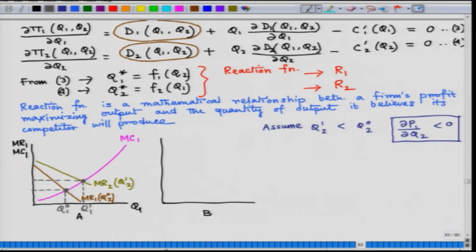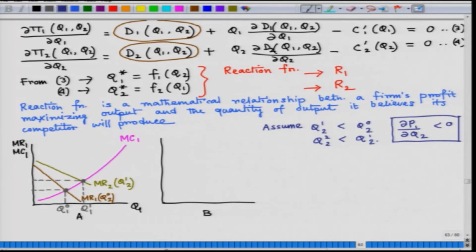Okay. So, now this exercise can be repeated for another output level. Let me assume this time a level Q22, which is even less. So, it is less than Q12.